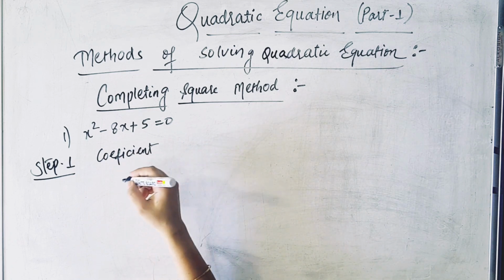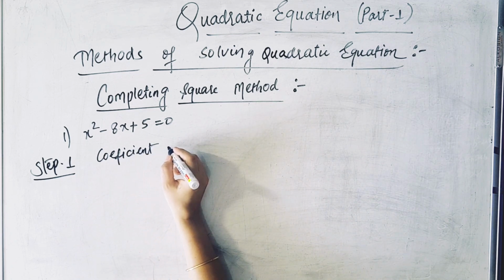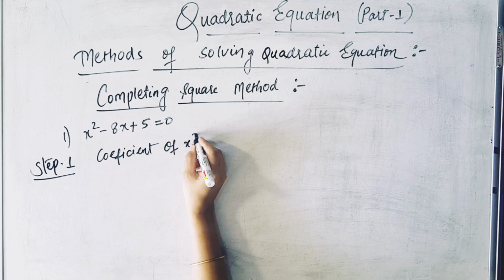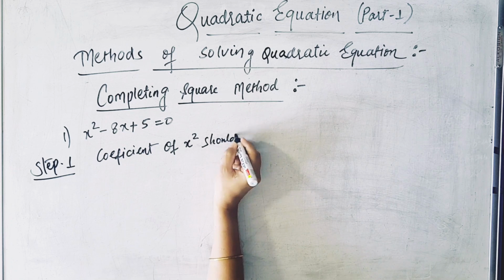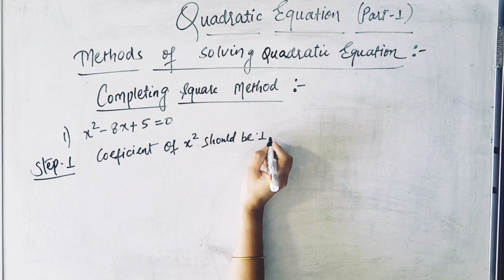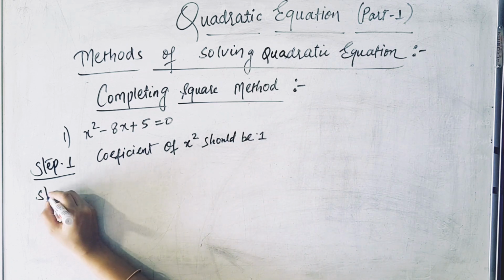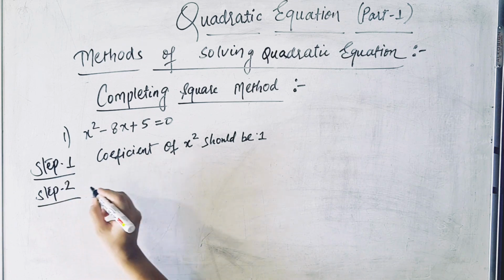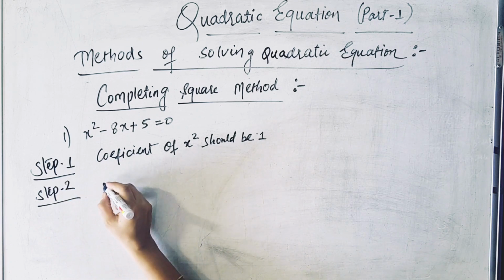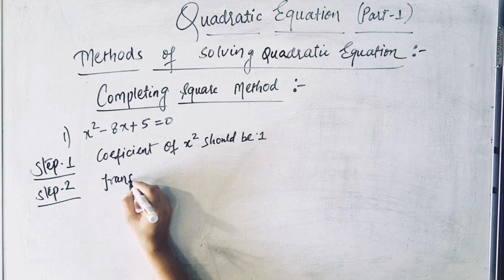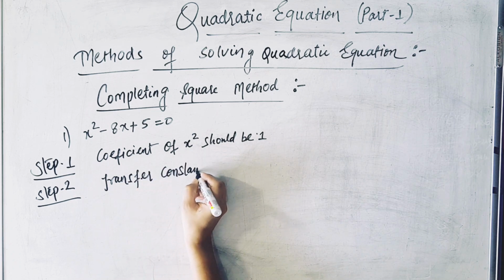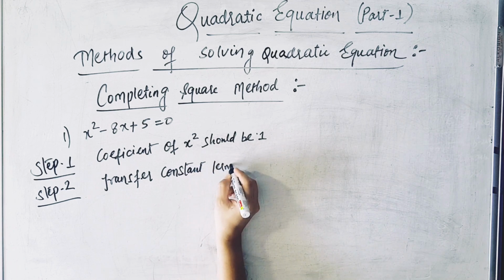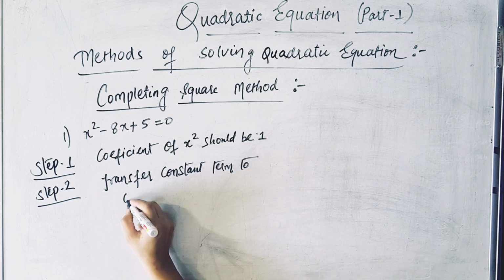In our given question it is automatically 1. So we will not do anything. Step 2 is transfer the constant term to the other side.